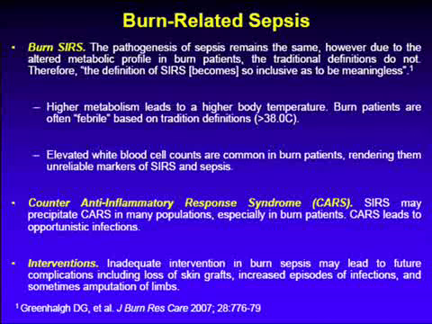Additionally, as I implied earlier, many of these interventions, such as the use of the Parkland formula, which saves the patients from burn shock, may contribute to future comorbidities. Additionally, these patients who have infections have interventions during sepsis that lead to future complications, including loss of skin grafts, increased episodes of infections, and sometimes amputation of the limbs.